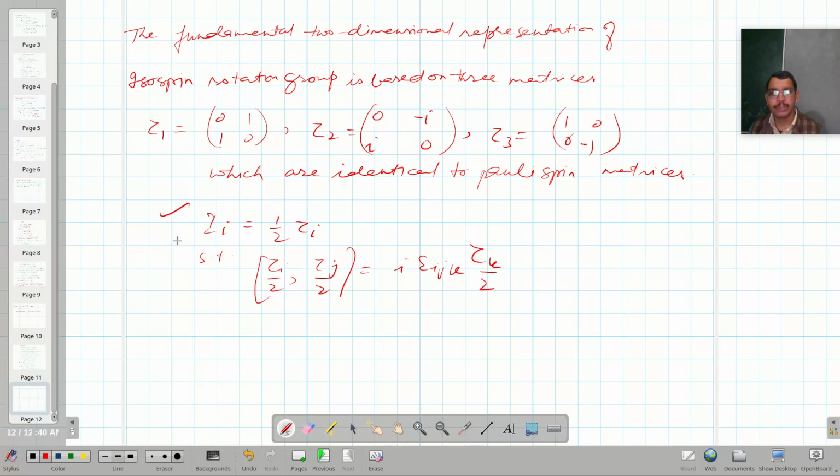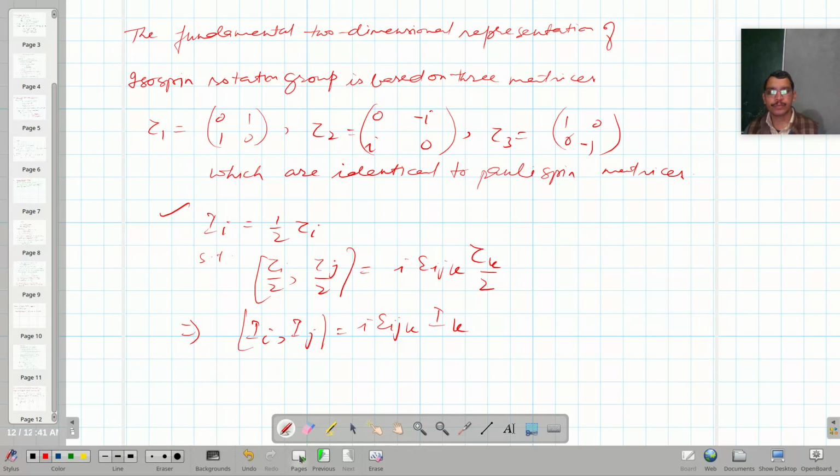And keeping this in mind, we can write the commutator of I i and I j as equal to i epsilon i j k I k, right?